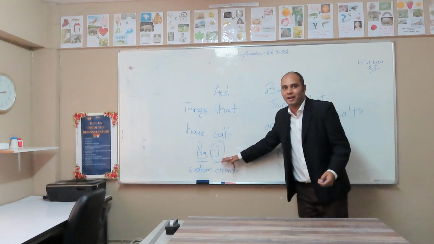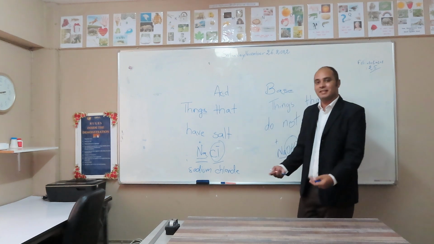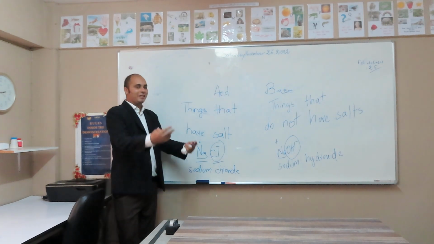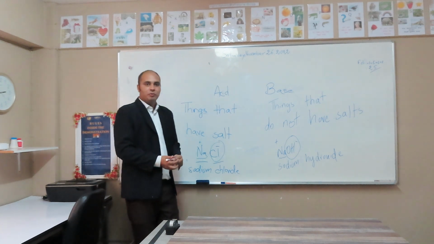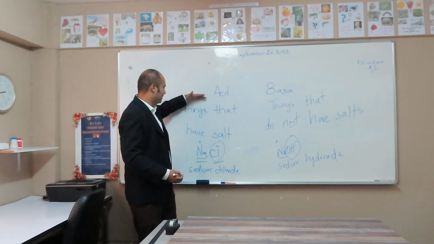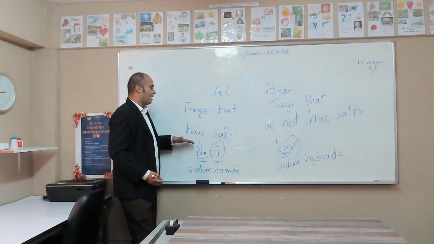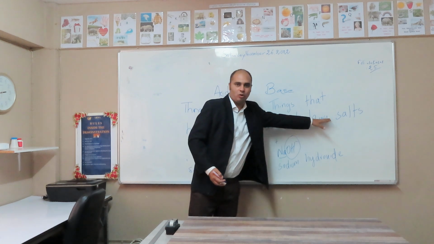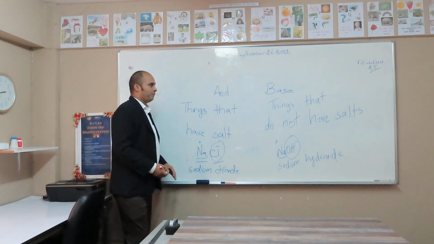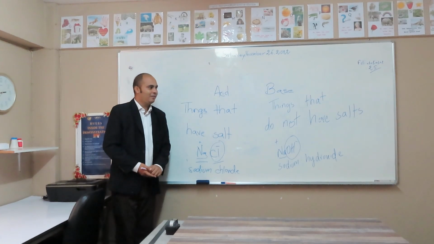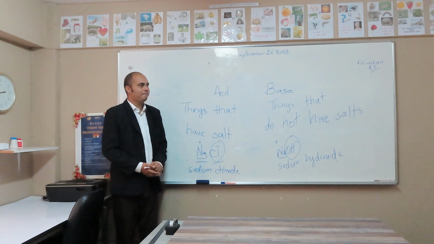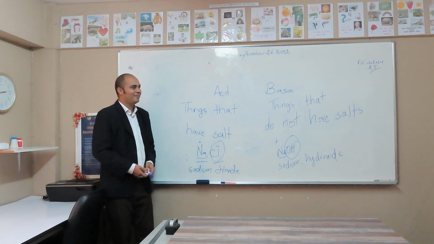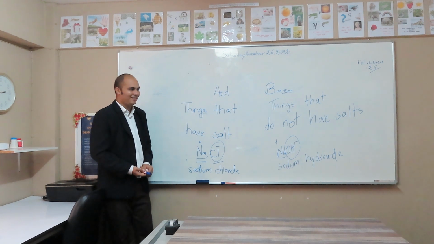Sodium chloride is a compound because it is made up of two things already. Two things to remember quietly: acids are things that have salt; bases are things that do not have salts.